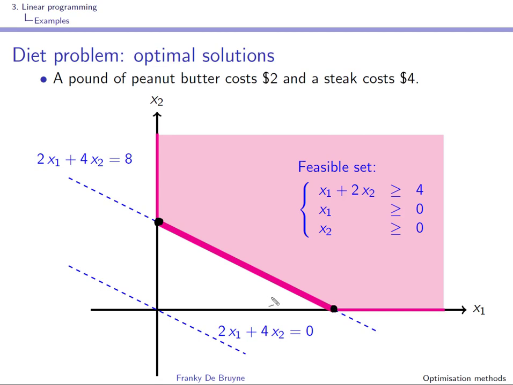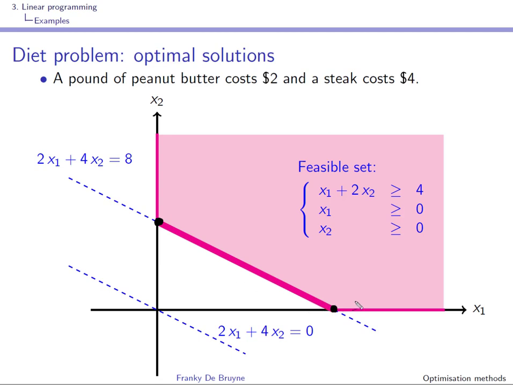It will all depend on the method that is used and the starting points and things like that. It will not be able to identify that in this case there are an infinite amount of solutions that are on the ridge of this feasible set.